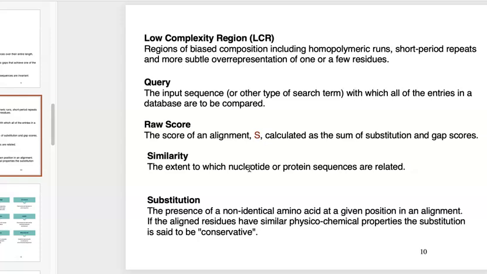So if the amino acids are not identical, the software will also look at whether they're both hydrophobic or hydrophilic, or acidic or basic. If they're similar, you still get a positive score for that, but not as much as if it were the exact match.